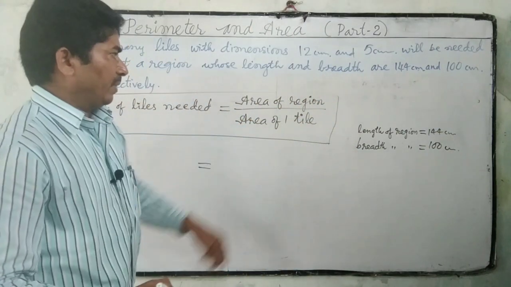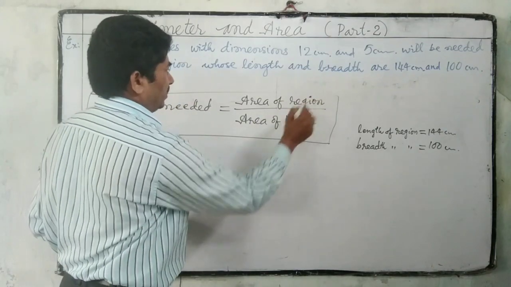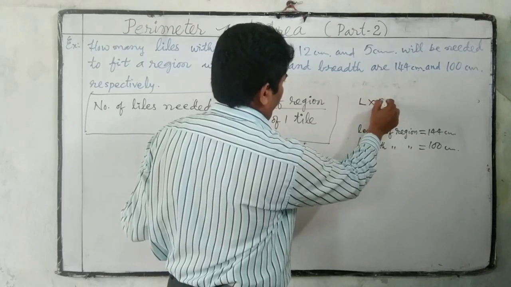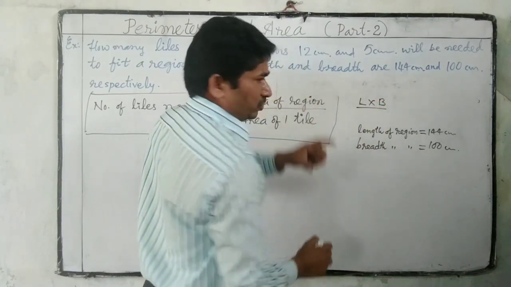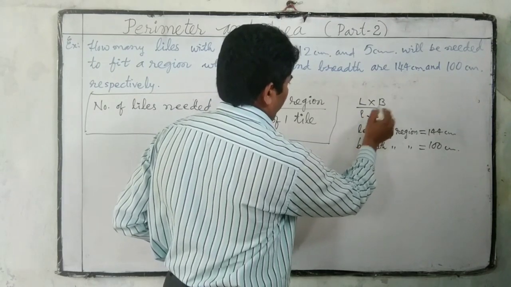So area of region is equal to length into breadth. So length into breadth, we can write LB by, this is tiles small, that's why small l by small b.